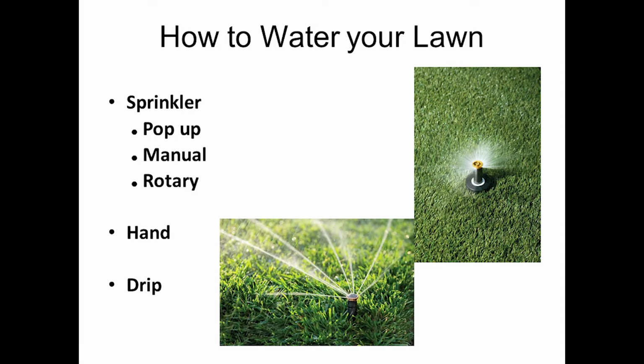The other things we can do are things like manual sprinklers. I put these as the big fan sprinklers, the ones that run overhead like this. You hook it up to the hose and it just runs the big fan of water. Those work. The little tractors that run along the hose to water the area, those all work.